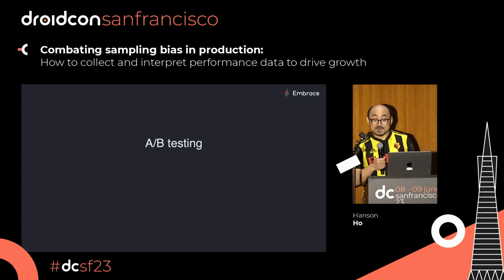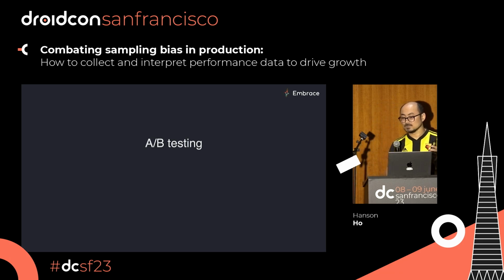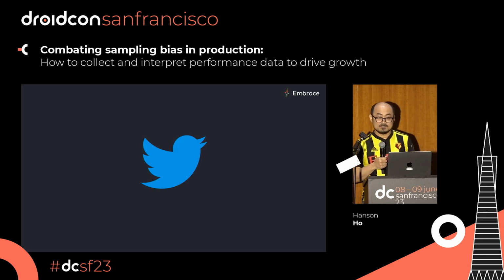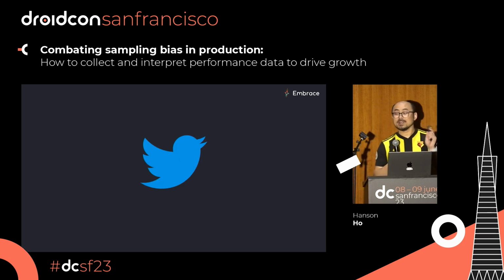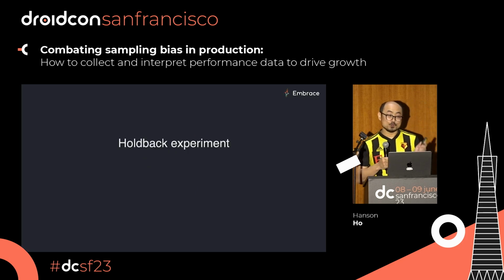If you change X by a certain percentage, Y changes by a certain percentage. And the best way to do that is through A/B testing, where you divide your user base randomly in a random sample and change one dimension, performance. At Twitter, we put that to great use with a holdback experiment that lasted for months, one that lasted over a year.